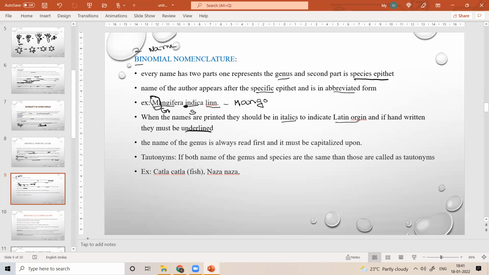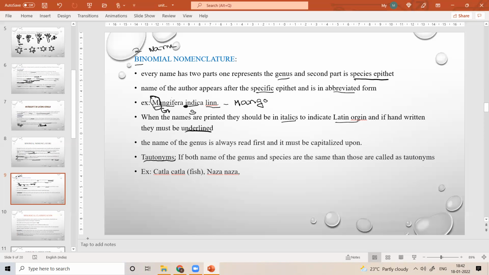So there is something called tautonyms. What do you mean by tautonyms? Tautonyms are nothing but the names in which the genus and species names are the same. So the scientific name consists of two parts, genus and species, and both are the same.